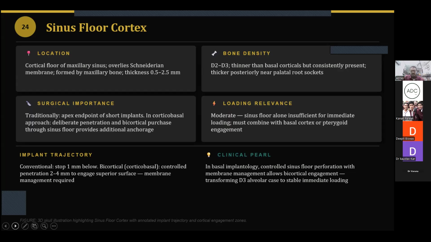So the sinus floor cortex is unstable because sinus is going to pneumatize throughout life. So you cannot completely depend upon this cortical, but this cortical gives you support so that you do not have to give pontics, a longer pontic area in the posterior maxillary region.